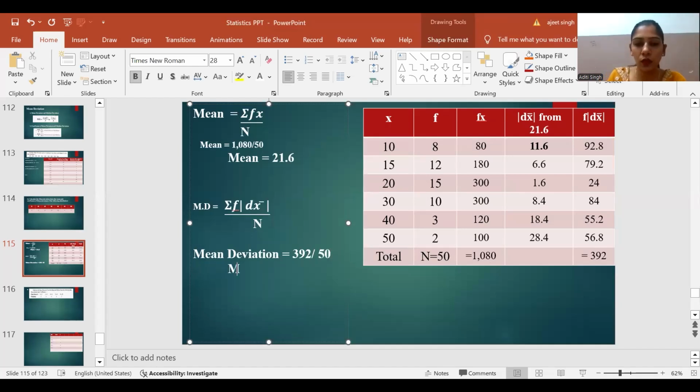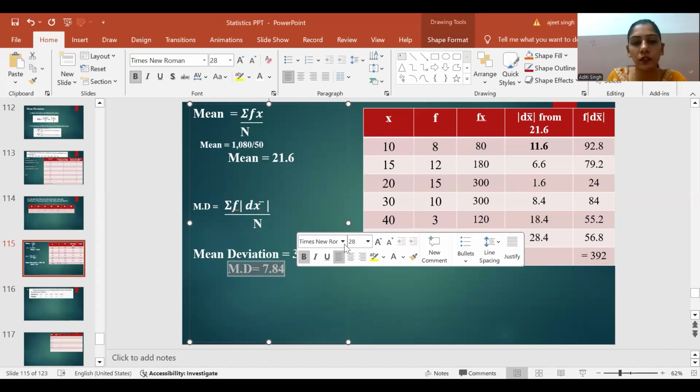So the value of mean deviation is equal to 392 divided by 50, which is 7.84. What is the value? 7.84. This is how we calculate mean deviation.